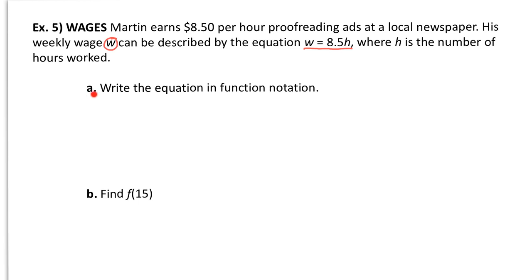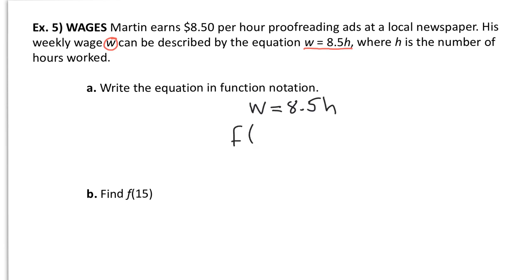Now, option A, it says here that you want to write the equation in function notation. All you have to do is you're going to bring down your W here equals 8.5. So that's your regular equation. Now you guys are going to change that W into function notation. So we're going to use an F. And remember that we need a variable inside of the parentheses.